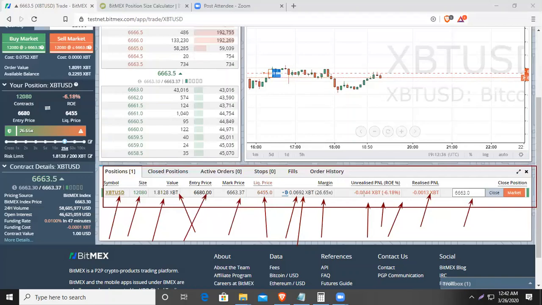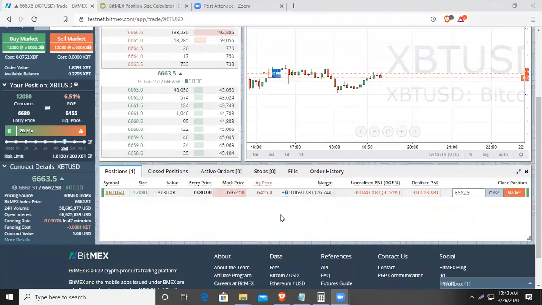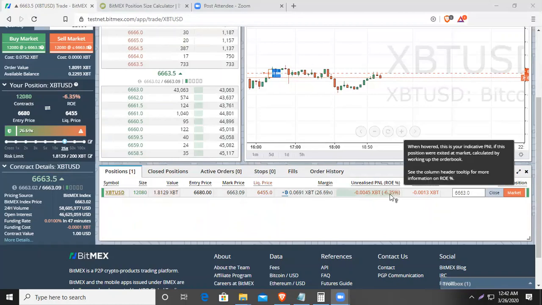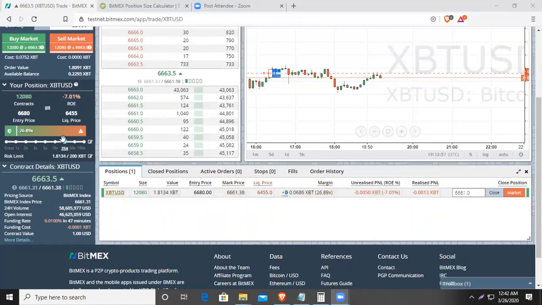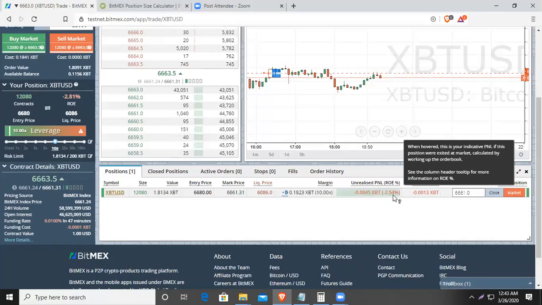Okay. Now, let me show you something. How you can manipulate others, and how many people are manipulating you by saying that they got this kind of percentage. Okay, now if I see right now, my position is at, let's say, a 6.35% loss, but if I change my leverage immediately to 10x, you can see my loss went from 6% to 2.5%, right?